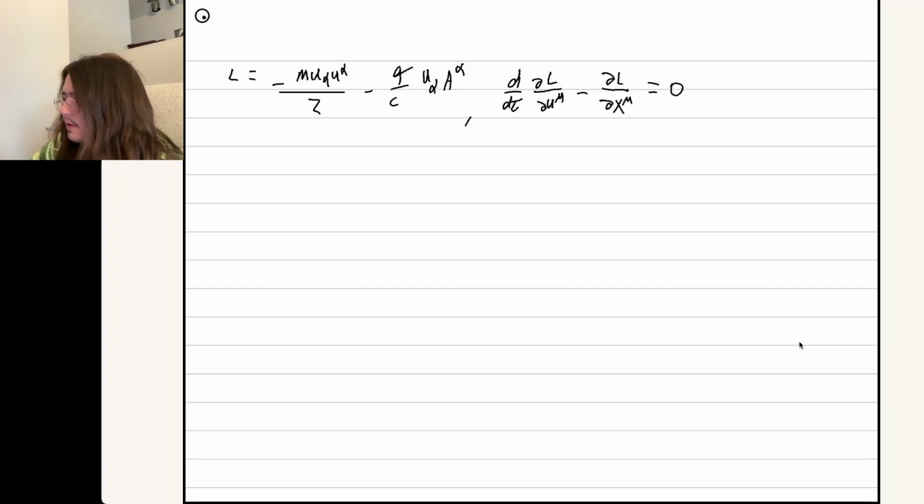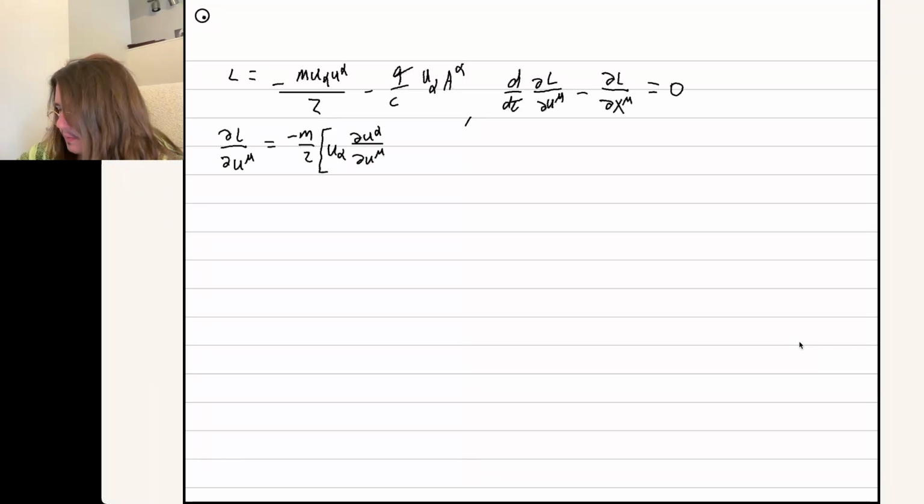First, we take the derivative of the Lagrangian with respect to u^μ. So we have minus m over 2, and this is going to be a bit of a product rule. So let's do u_α ∂u^α/∂u^μ plus u^α ∂u_α/∂u^μ.